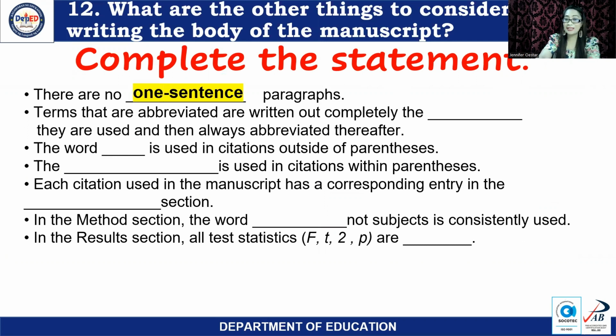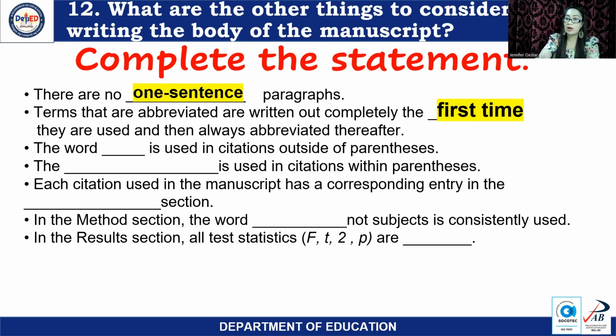There are no one-sentence paragraphs whenever you write your manuscript because a one-sentence paragraph is just designated for what? For journalistic writing, right?